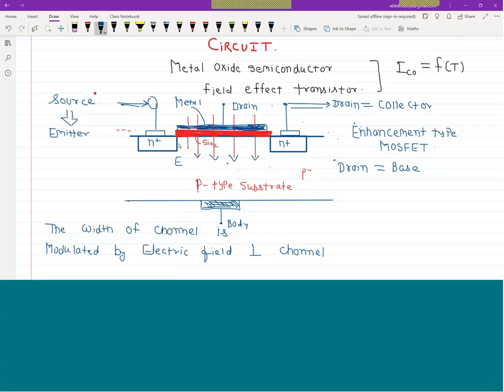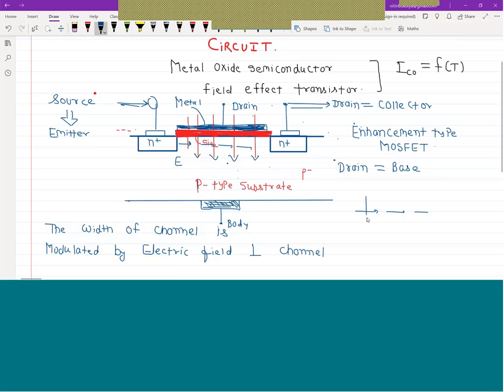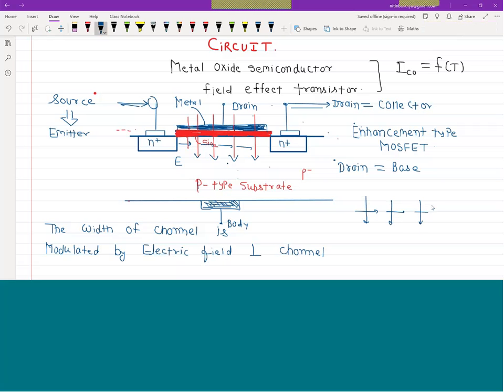The channel is formed in this direction, so the electric field must be a perpendicular electric field. This is the channel and this is the electric field. So this is the fundamental idea for MOSFET.